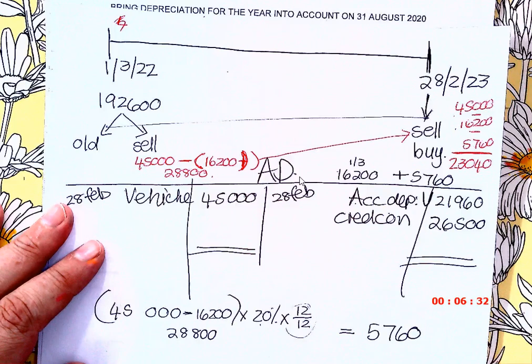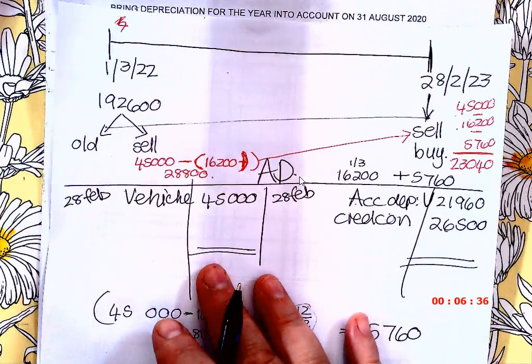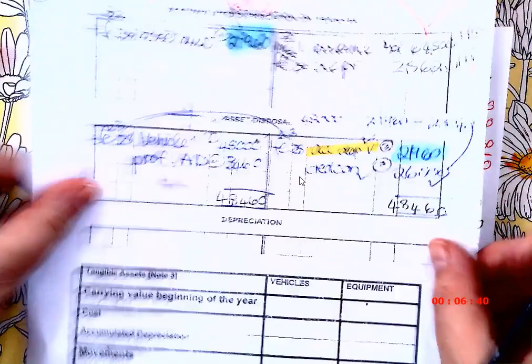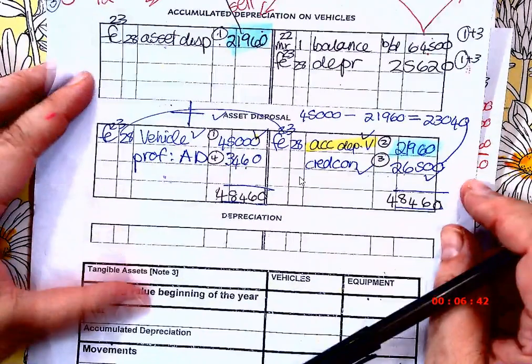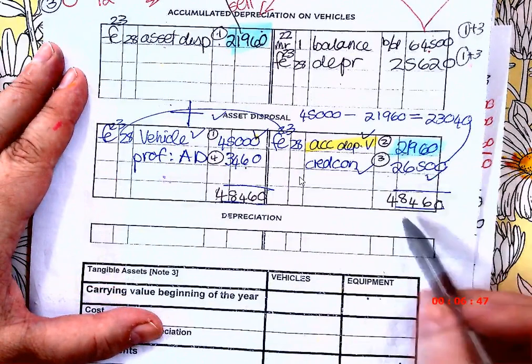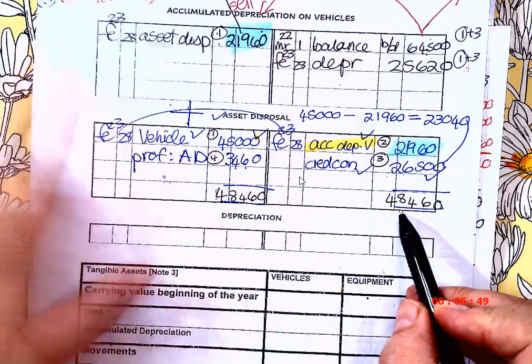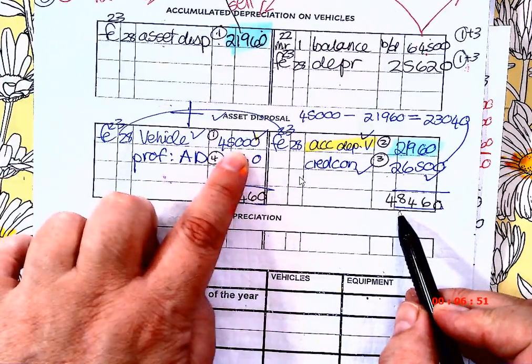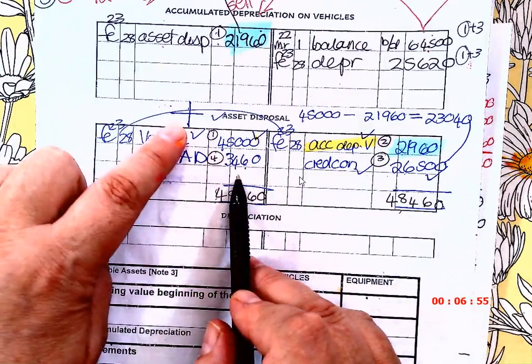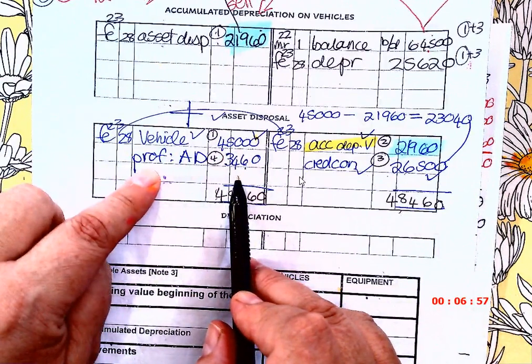And now I can calculate if I made a profit or a loss, which I already did yesterday. You can do it one of 2 ways. You can either say 21 plus 26 gives me 48, which is more than the 45 on this side, so I'm going to balance it on the plus side, meaning it's a profit.